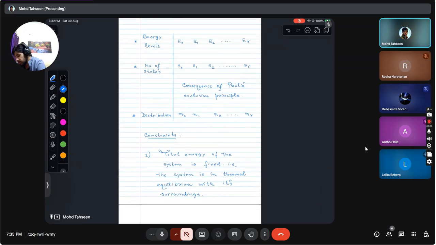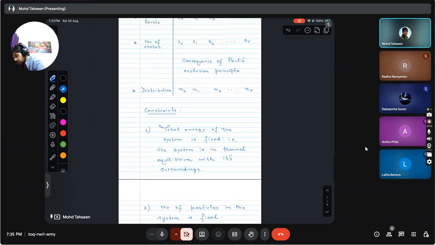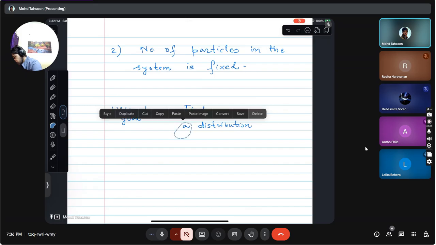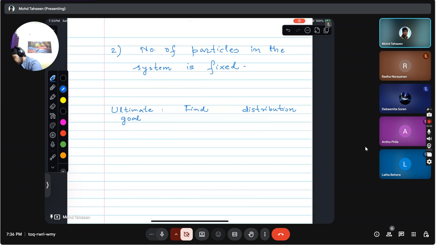Now, the ultimate goal is to find the distribution which corresponds to the most probable state.